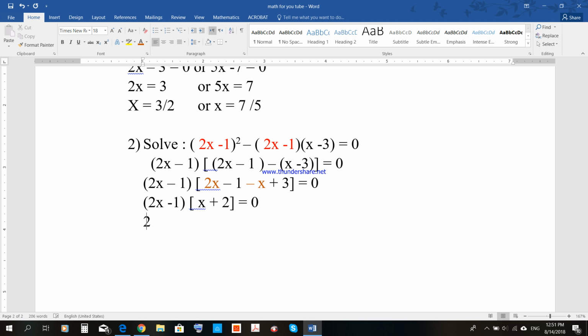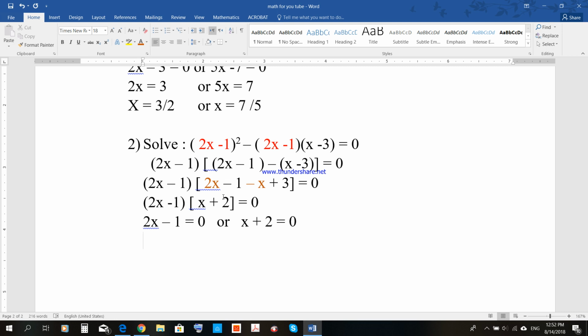So here 2x minus 1 equal to 0, or x plus 2 equal to 0.